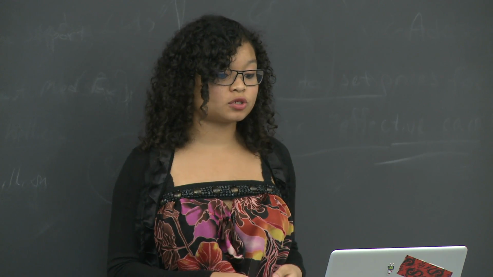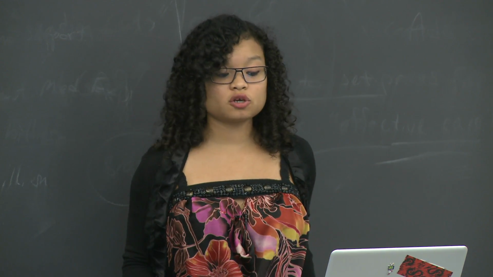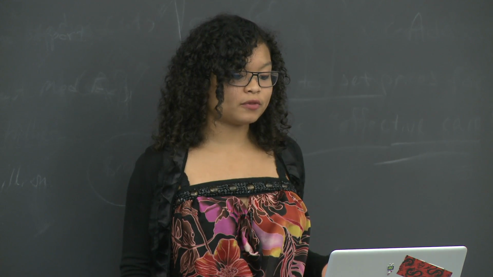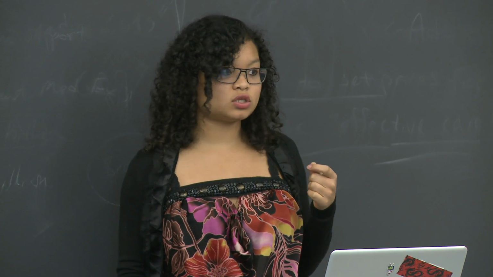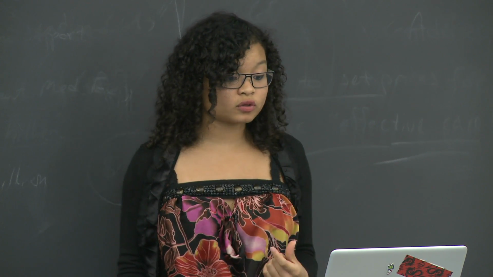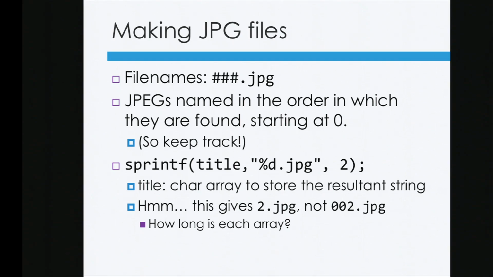Similar to printf, which just prints a value out into the terminal, sprintf prints the file out into the folder. And so what this would do, if I had sprintf title and then the string there, would print out 2.jpg.